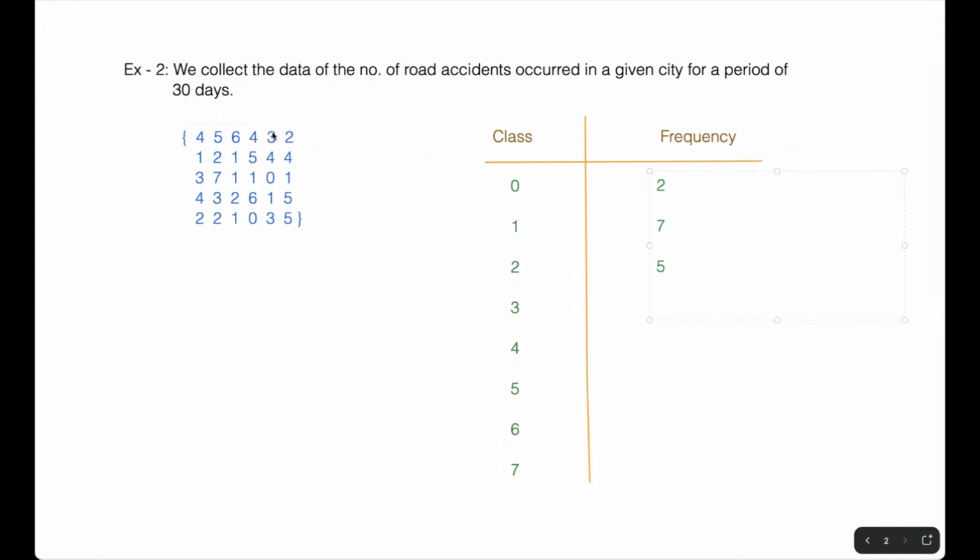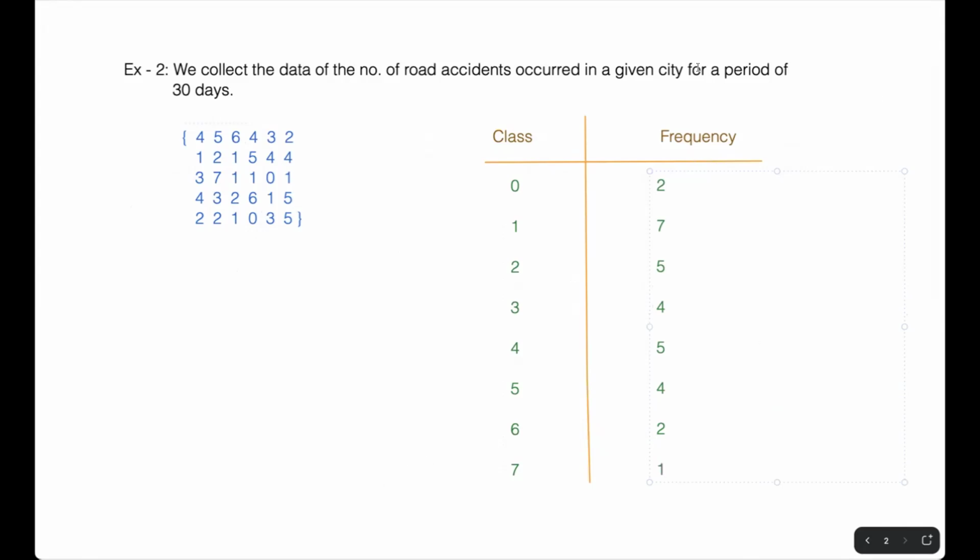Then 3 occurred 1, 2, 3, and 4 times, right? Then the frequency of 4: we have 1, 2, 3, 4, 5. So 4 occurred 5 times. Then the frequency of 5 is 1, 2, 3, and 4. The frequency of 6 is 1, 2, and the frequency of 7 is simply equal to 1, right?